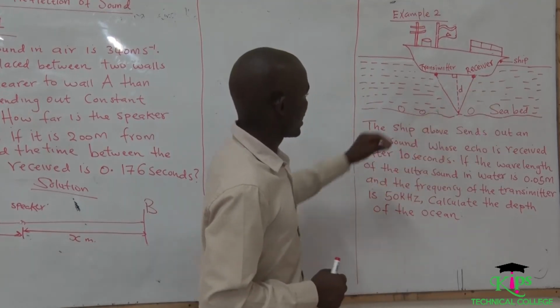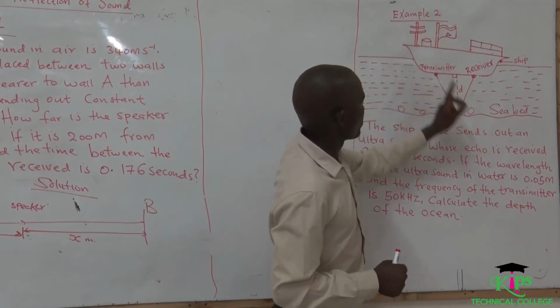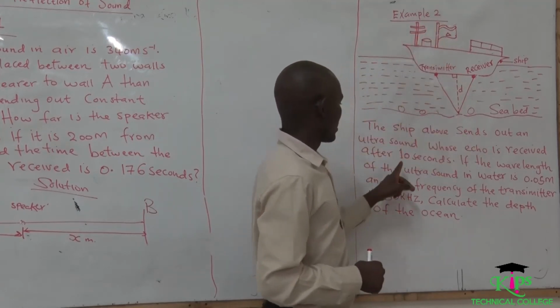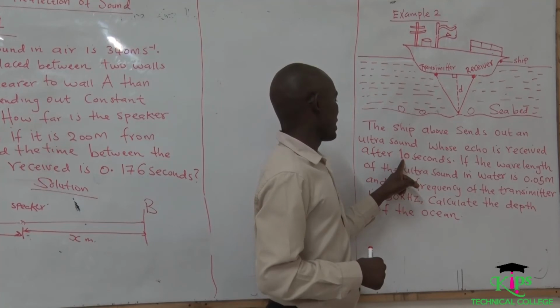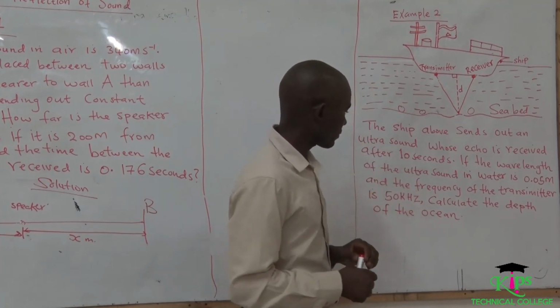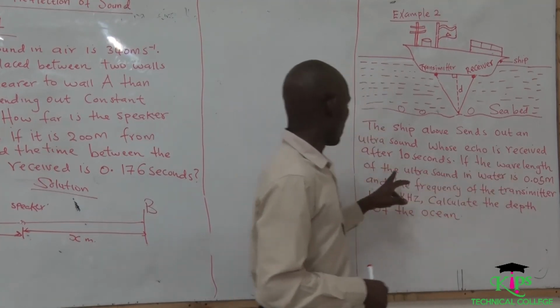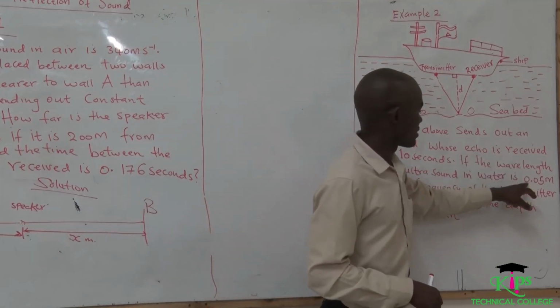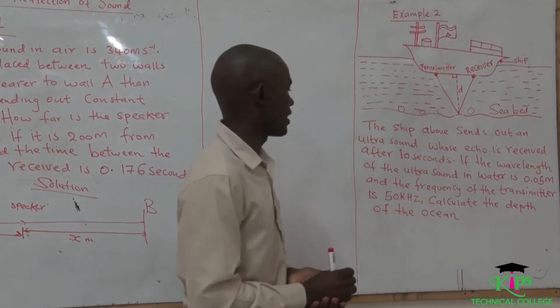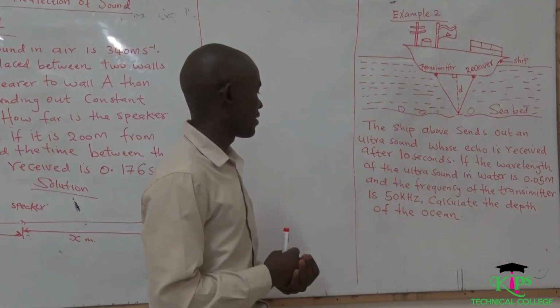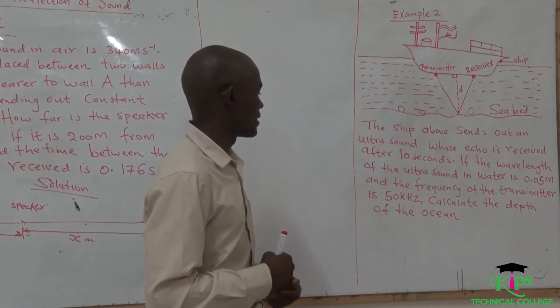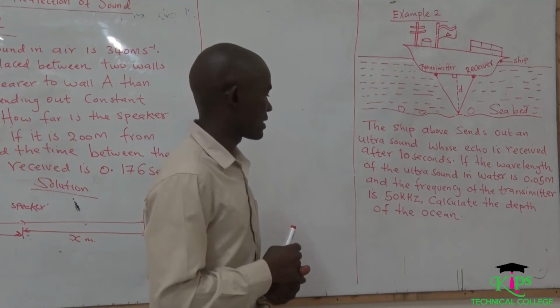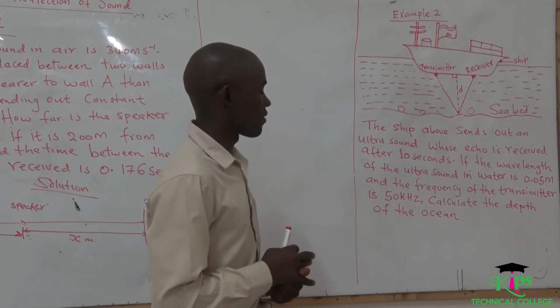So the time it will take sound to travel from the ship to the seabed is equal to 10 divided by 2. If the wavelength of the ultrasound in water is 0.05 meters, and the frequency of the transmitter is 50 kilohertz, calculate the depth of the ocean.